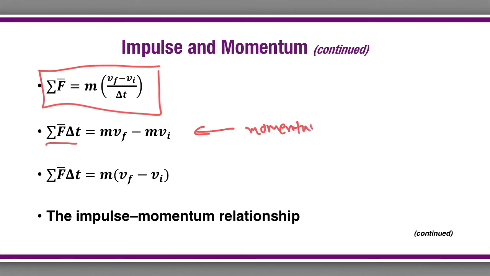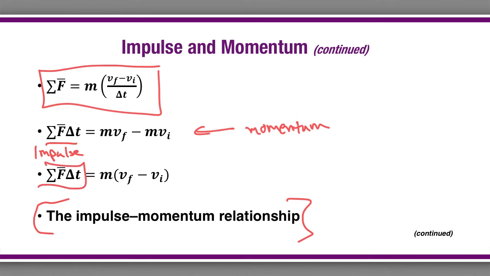So what you need to know is that force times time, or the product of force and time, is equal to impulse, okay? So this is what's going to give us our impulse momentum relationship, where we know that the impulse produced by a net force acting over some duration of time causes a change in momentum, all right?